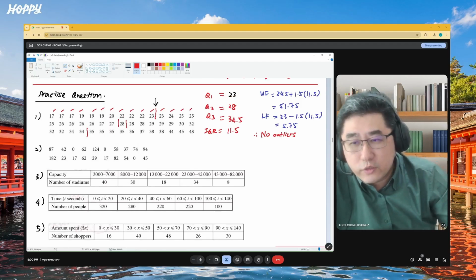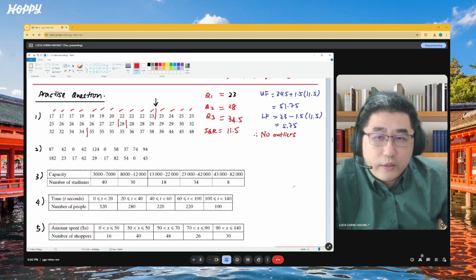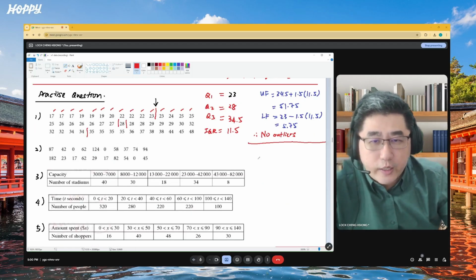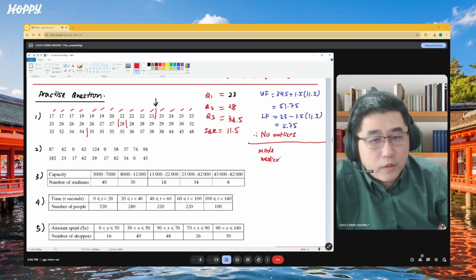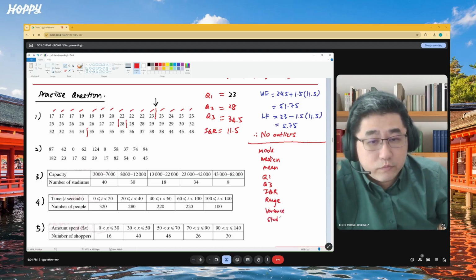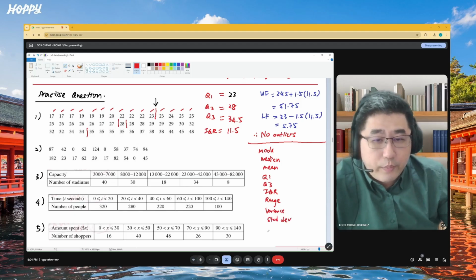You can use this set of data to help you calculate all the calculations that you need. You can calculate mode, median, mean, Q1, Q3, IQR, range, then you have variance, standard deviation, or maybe is there any skewness?